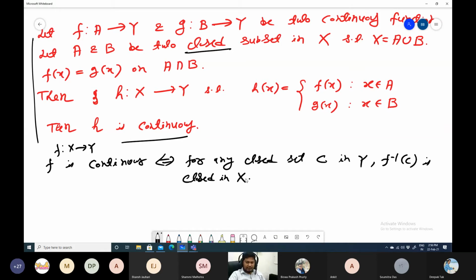Can you see that? It is true because f inverse of Y minus C will be X minus f inverse C.